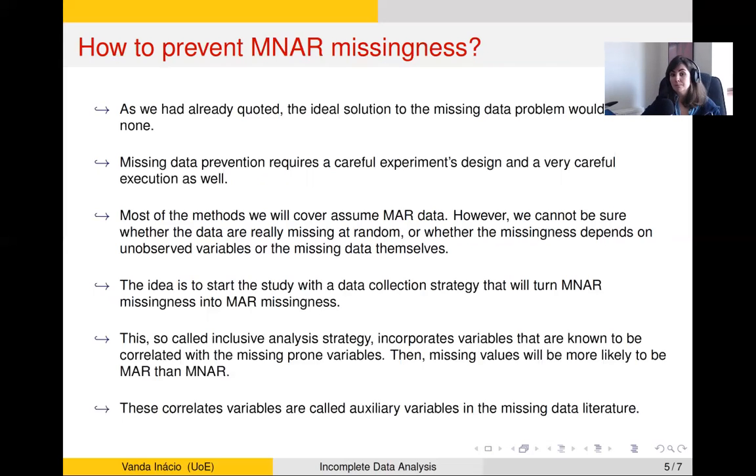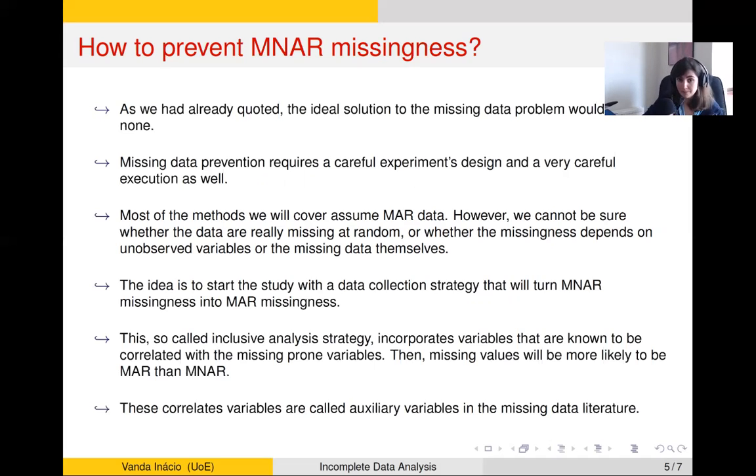Most or all of the methods that we will see in this course assume that data are missing at random. However, we can never be sure that data are missing at random. As we have seen, we cannot verify this assumption from the data that we observed, and so we cannot rule out whether the missingness really depends on unmeasured variables or on the missing data themselves, but it's an assumption that we need to make and live with.